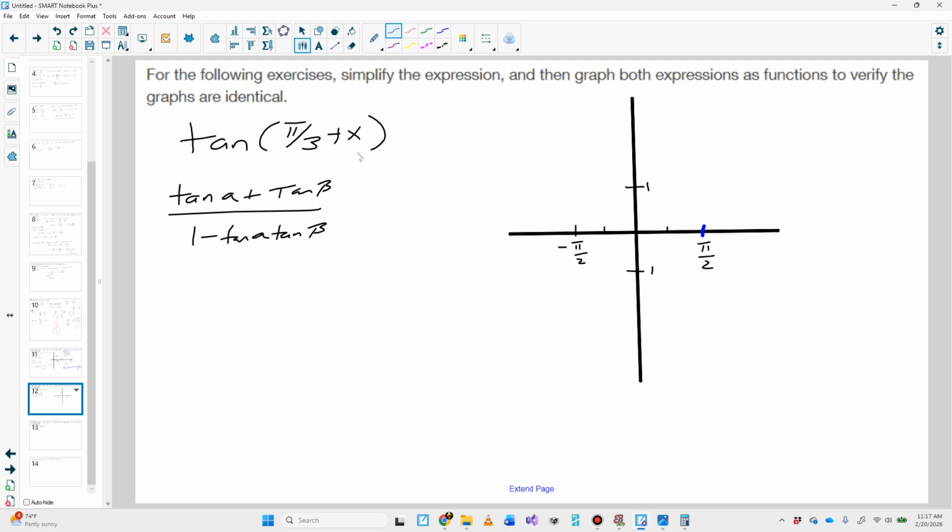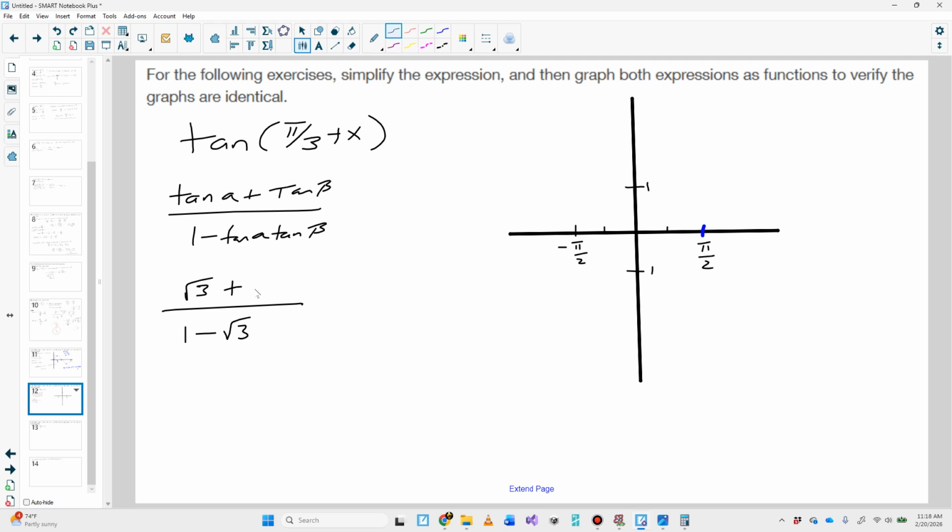All right, well, what's tan of alpha? Pi over 3. So what's tan of pi over 3? Well, that's just the square root of 3 over 2 over 1/2. That's the square root of 3. So tan of alpha is the square root of 3. What is the tan of beta? Well, that's just x.